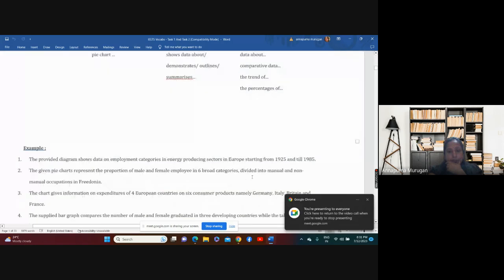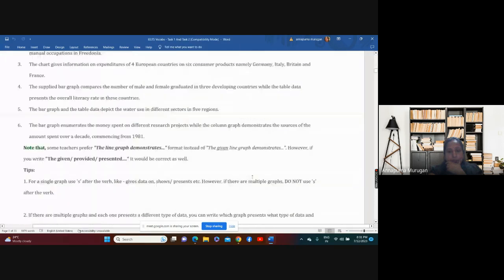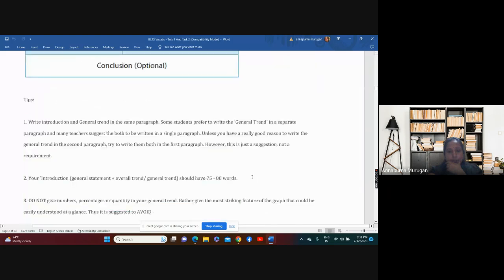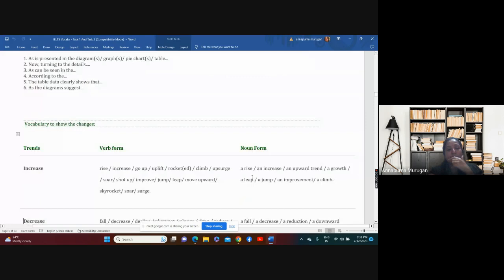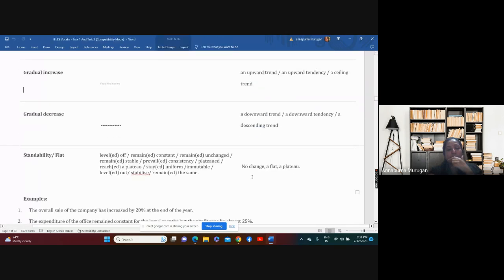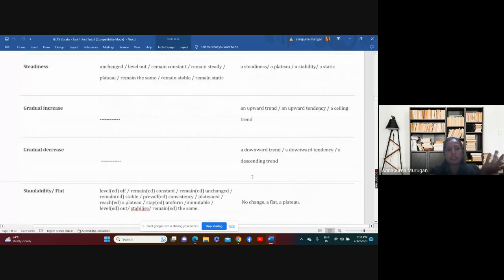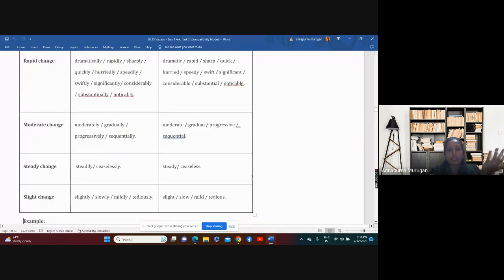You can see how you can start. Yesterday I had shown you, right? So I'll be sharing this, and you can utilize this. It's not that you can use it anywhere and everywhere. Whenever you are using it, be very mindful of where, what, when, and why it has to be used. For increase also, we have so many words. For decrease, we have so many words. No need to repeat anything. Steadiness, gradual, stability. We have everything, even for rapid changes and moderate change.